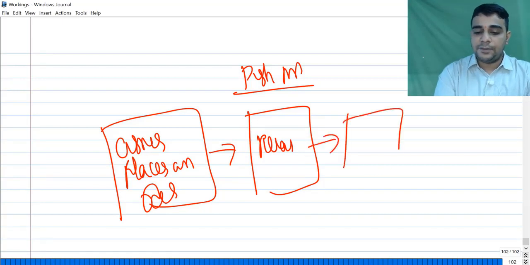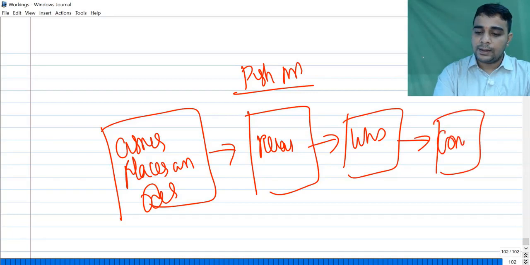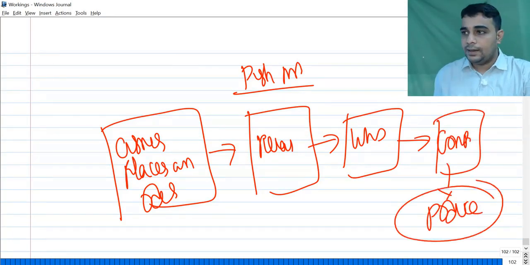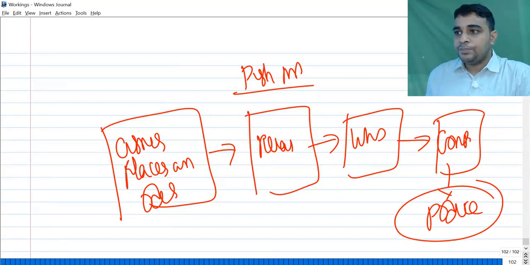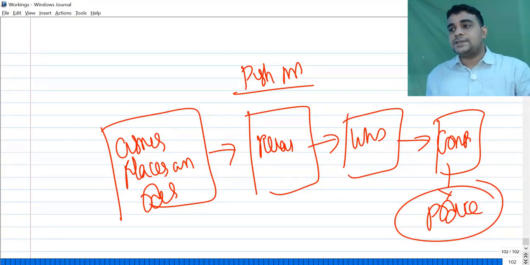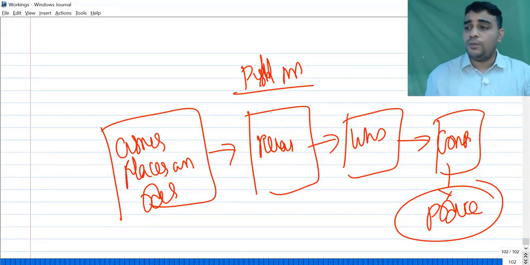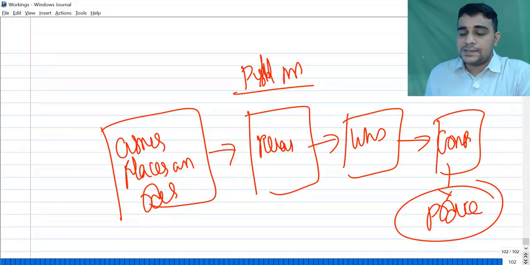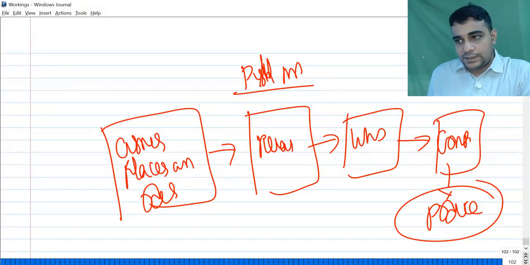Retailer gives this information to the wholesaler. Wholesaler gives information to the company, and the company will produce based on the demand. Under a pull model, what will happen is I am going to produce based on what the customer wants.